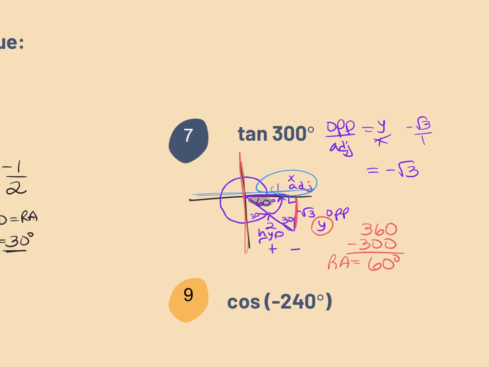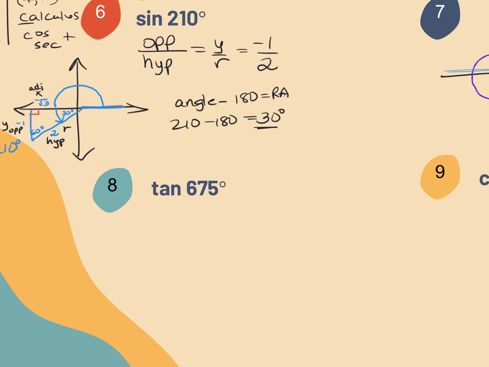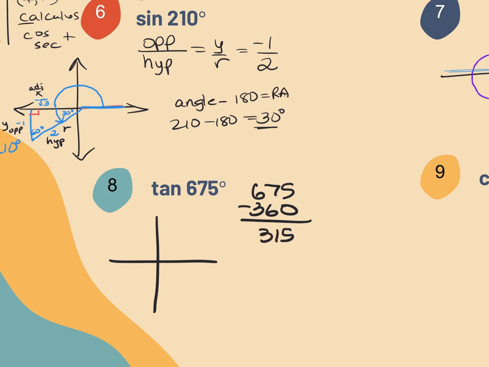So let's go ahead and try number 8. So this one, we're going to have to swirl around more than one time. So if I take my 675 and I subtract 360, I'm going to end up with 315. So this tells me I'm going to start here on my initial side.